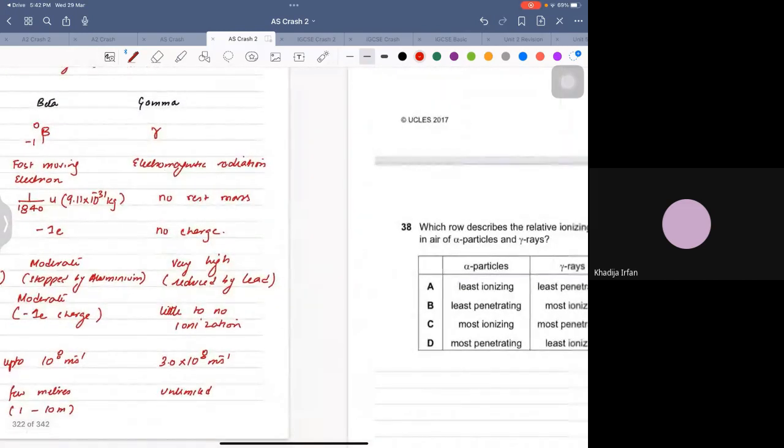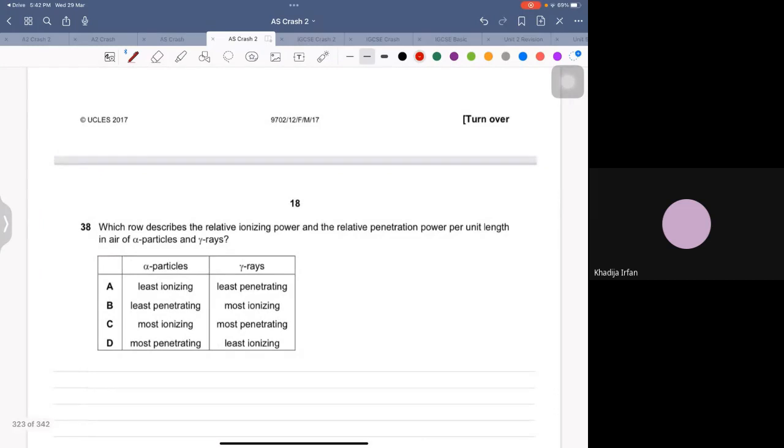Now, the next questions are very simple. So what do you say? Which rule describes the relative ionizing power? Alpha is? Go on, hurry up.